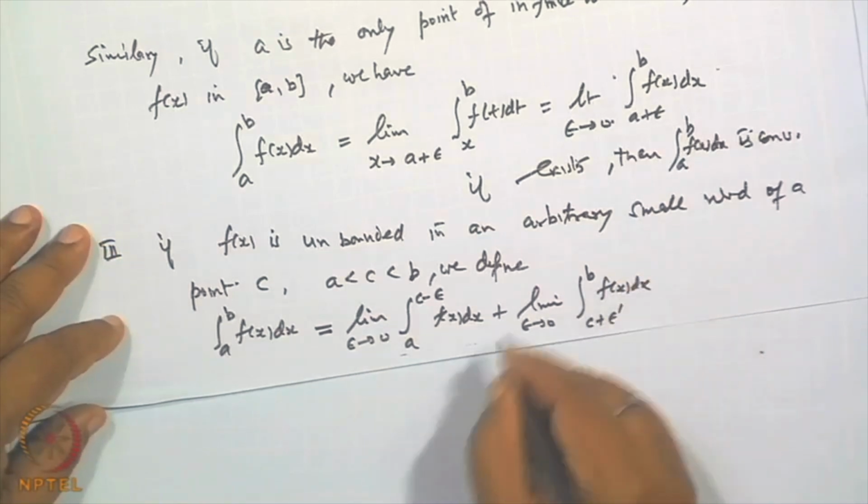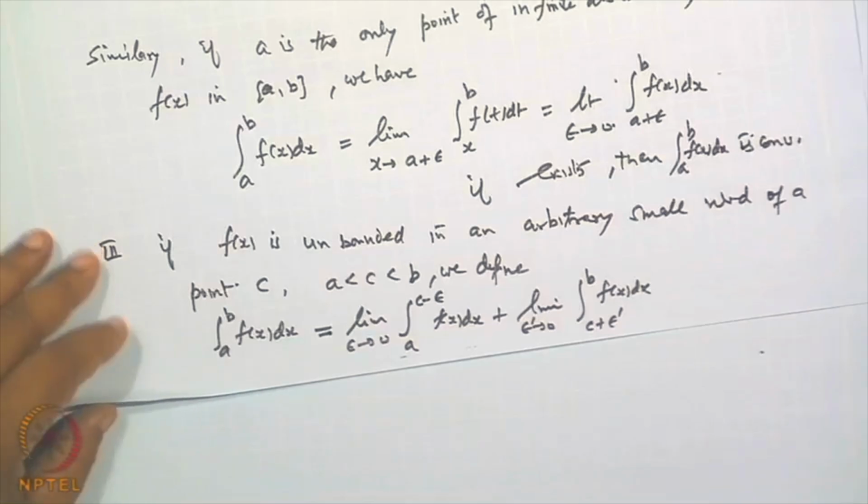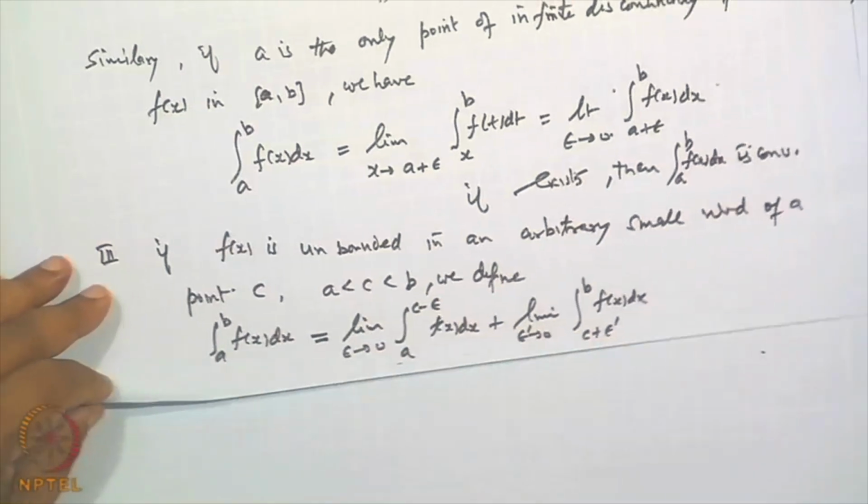In fact, this should be epsilon dash, so that you are not getting the same epsilon.